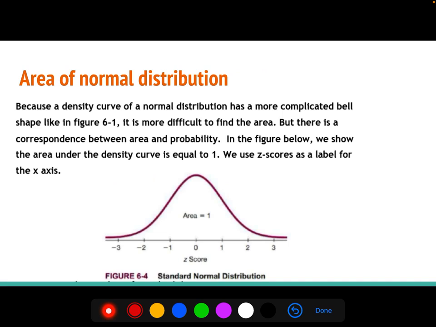Every standard normal distribution has these properties. Now here's our lovely normal distribution. Again, since it's a density curve, it's still going to have a probability or area underneath equal to 1. So what we're going to do is have z-scores along the x-axis. It makes it easier on us.